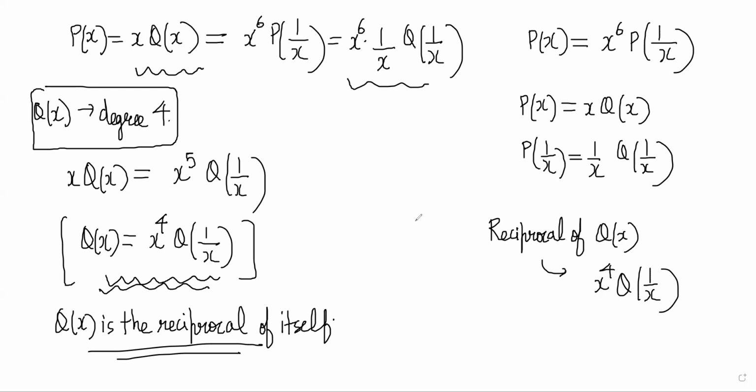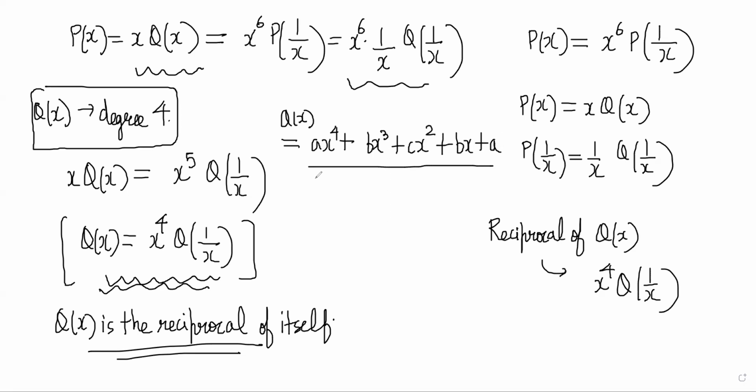The only way it can happen is if q of x was written in such a way that the coefficients, even when you reverse the order of the coefficients, are the same, right? So you can write q of x as a x power 4 plus b x cube plus c x square plus b x plus a, right? Why am I writing it like this?